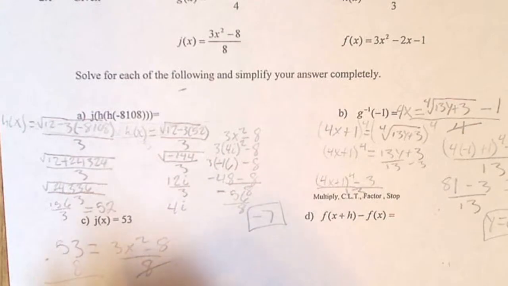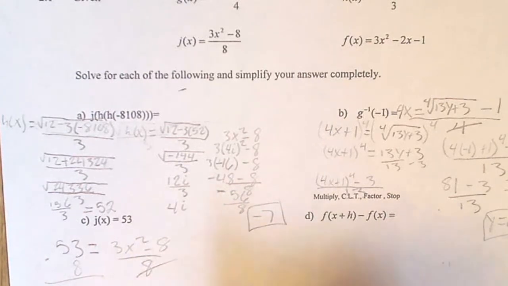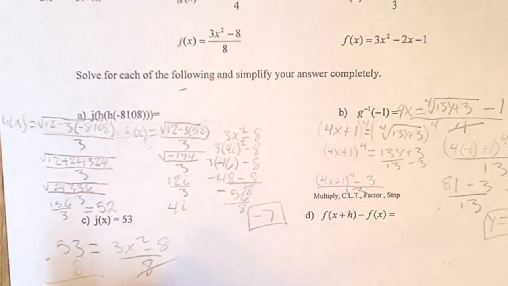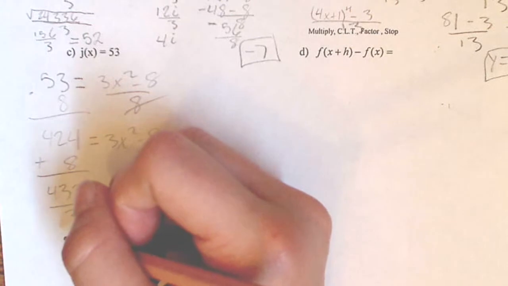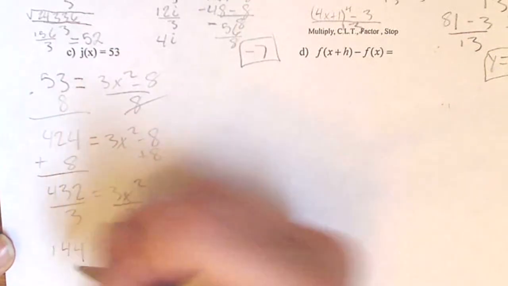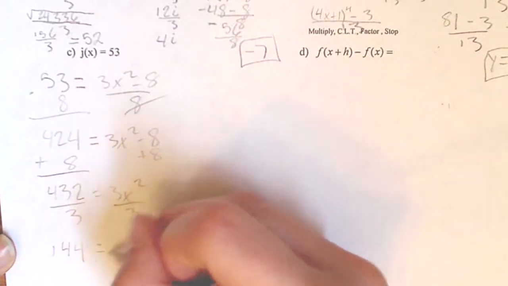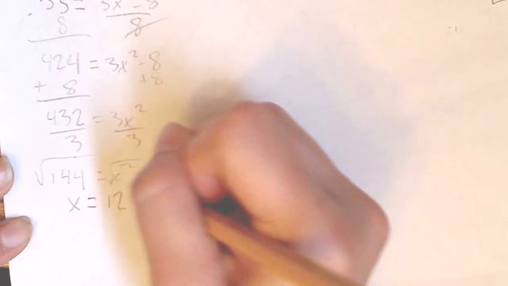You add 8 to both sides. You get 432 equals 3x squared. Divide by 3. And so now that gives you 144 equals x squared. And then you square root them both. And so now you get x equals 12.